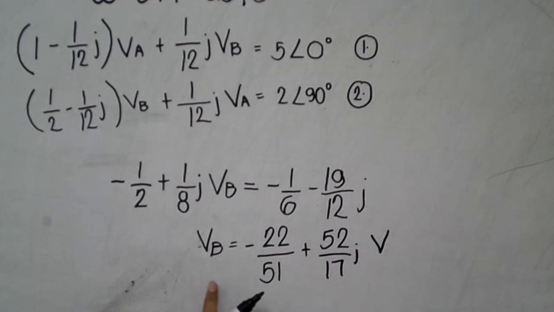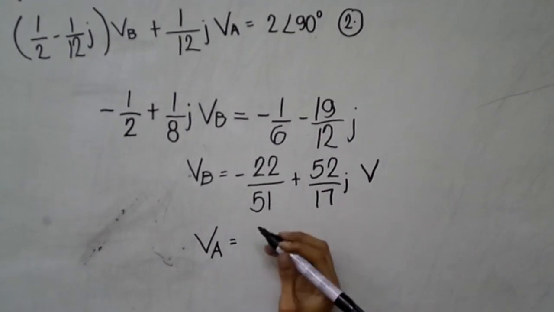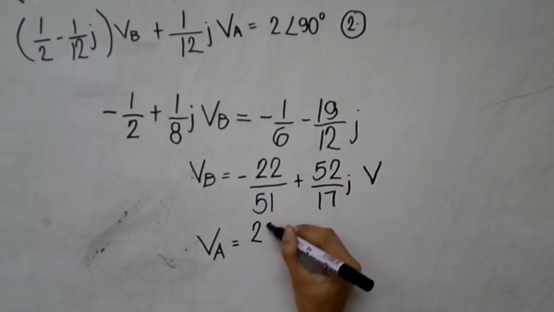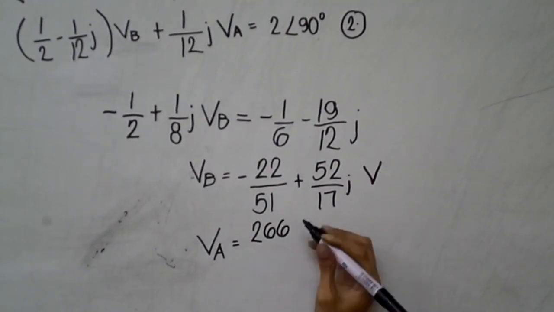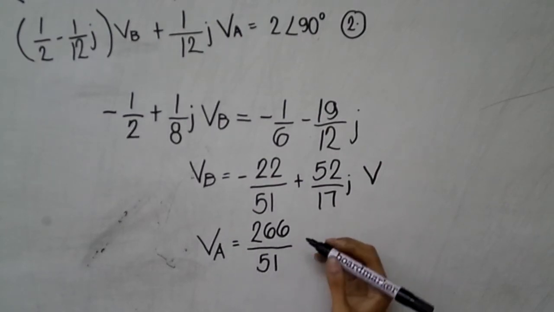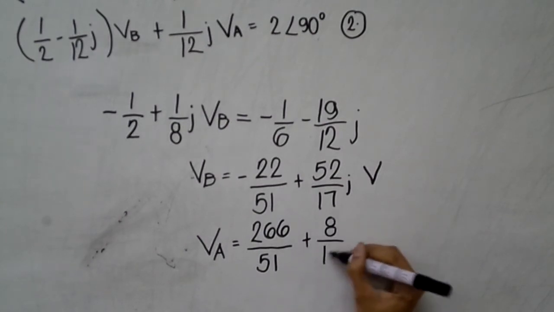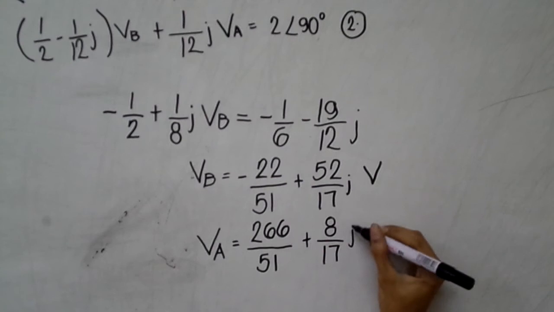By plugging VB into equation 1, we can get the value of VA, which is equal to 266 all over 51 plus 8 all over 17j volts.